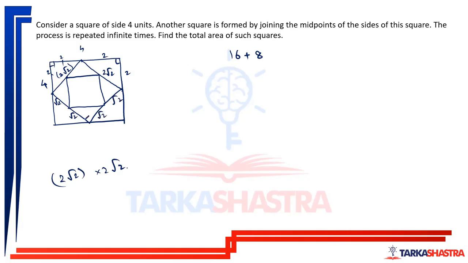According to Pythagoras theorem, root 2 square plus root 2 square, that is 2 square, so this will become 2. So if this is 2, this will also be 2. Total area will be 4. It will be a geometric progression. Very easy. Yes or no?